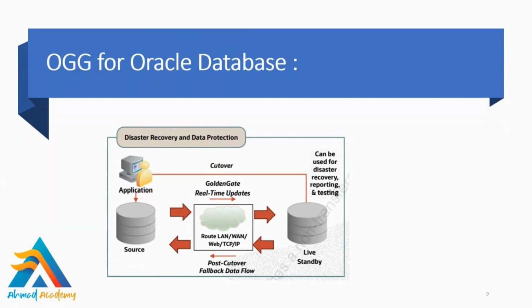So the secondary system, the live standby, is open read-write and can be queried by other ways. So a post-cutover data flow from standby to primary is also provided. Any data that is processed by the live standby during the outage is moved to the primary as soon as it is back online. Okay.